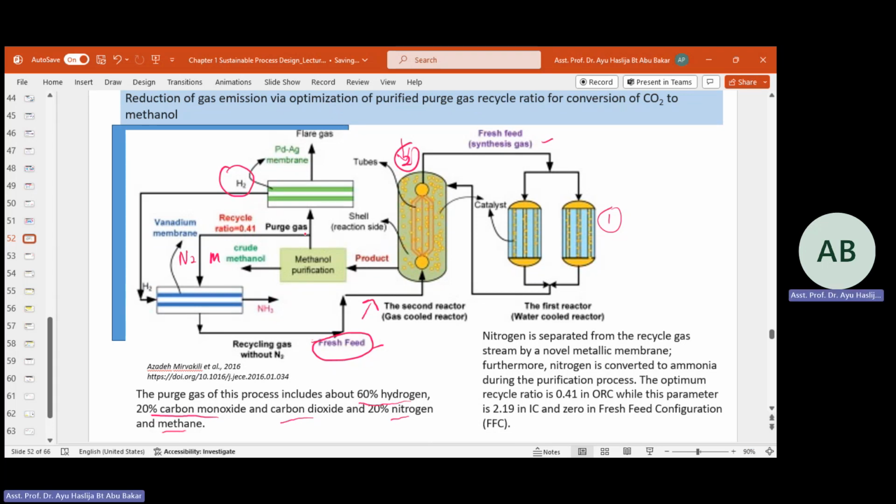So purge gas over here: you have hydrogen, CO, CO2, N2, and also methane.